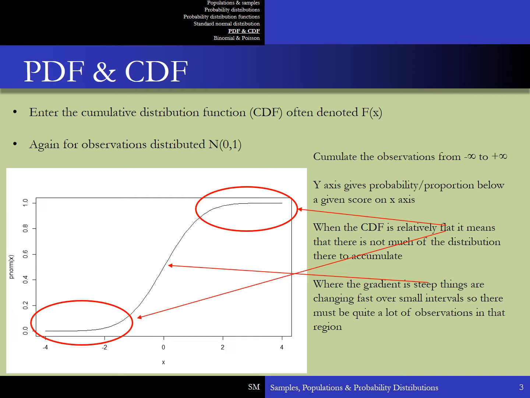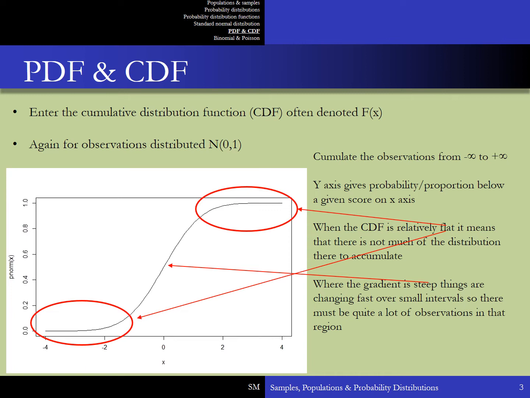This cumulative distribution function corresponds to the figure that I showed you on the last slide where we plotted the PDF. What are we doing with the cumulative distribution function? We're accumulating the observations between negative infinity and positive infinity. The y-axis gives the probability or proportion below a given score on the x-axis.